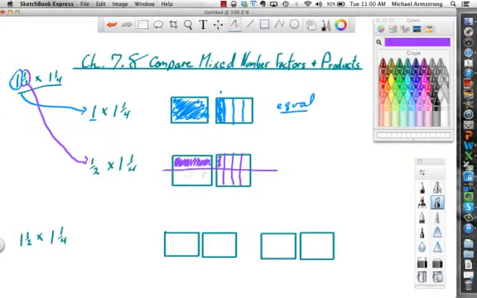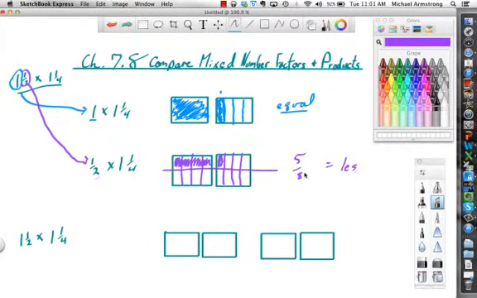And then we have to figure out what this is. We can see that this is 1/2 and this is 1/8. So 1/2 and 1/8 could get a little confusing unless we add our slices to this too, so that we have 4/8 and 1/8, and then we'd have 5/8. So 5/8 is what we get, which ends up being less. Remember, when we multiply by something less than 1, it gets smaller.